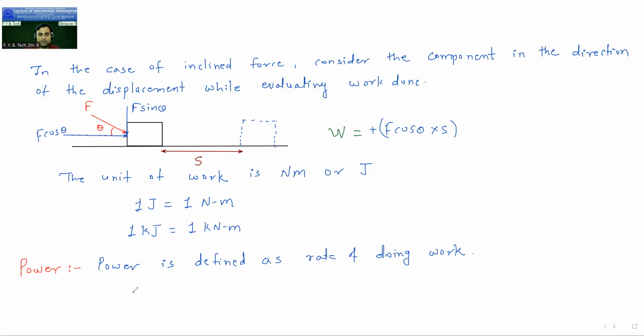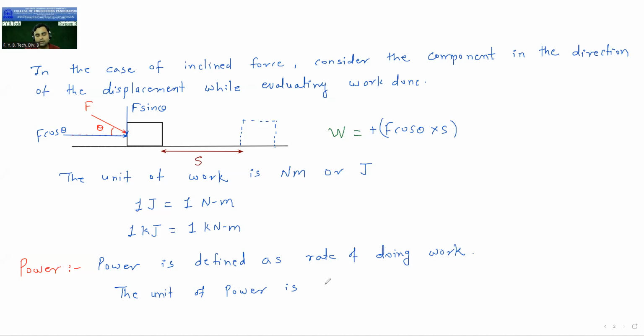If I write the formula for power, first of all we will write the unit. The unit of power is, it is the rate of doing work, so work done divided by time.